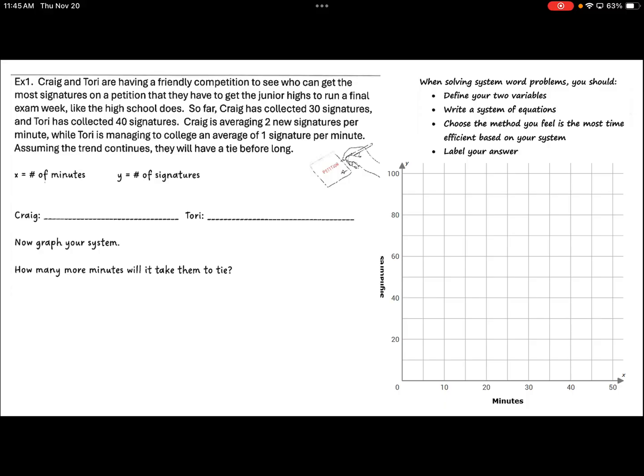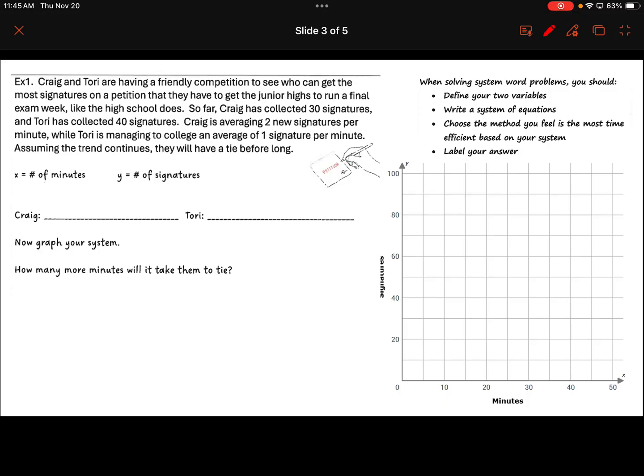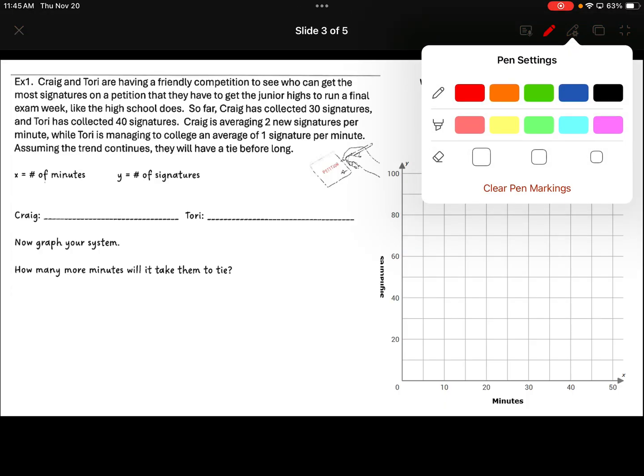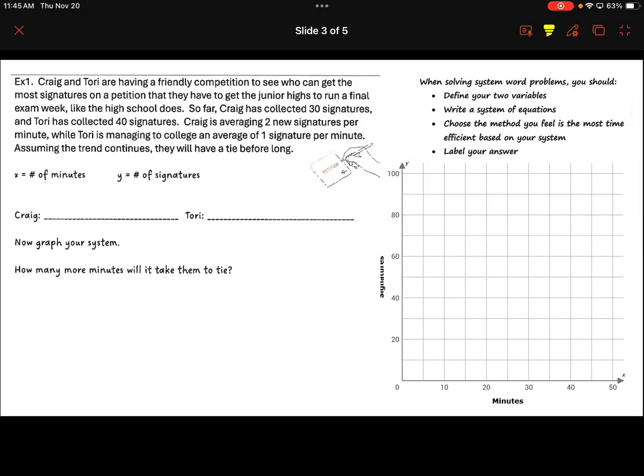Okay, so let's go ahead. We've said x is number of minutes and y is number of signatures. So let's first just talk about Craig. Craig has 30 signatures and Craig is averaging 2 signatures per minute. So I can write down Craig as y equals 2x plus 30.